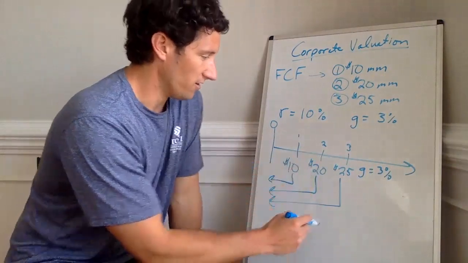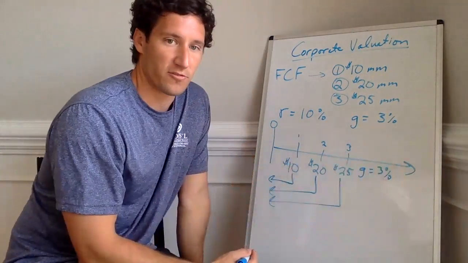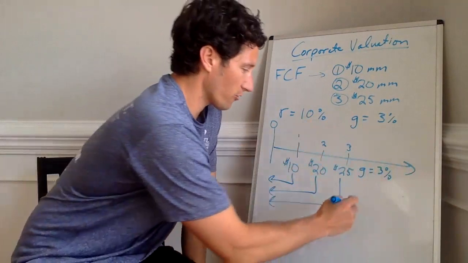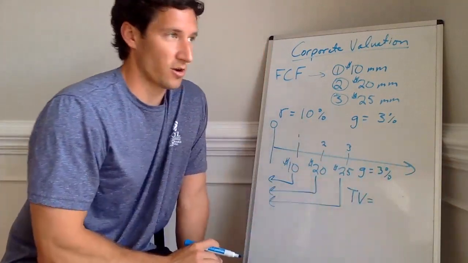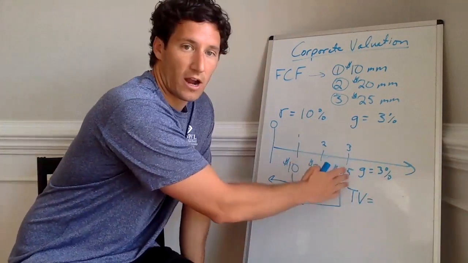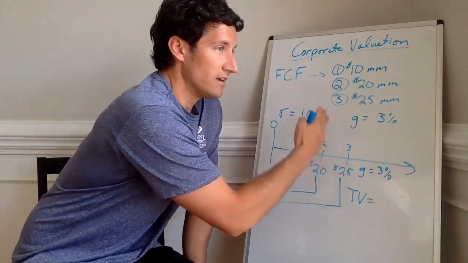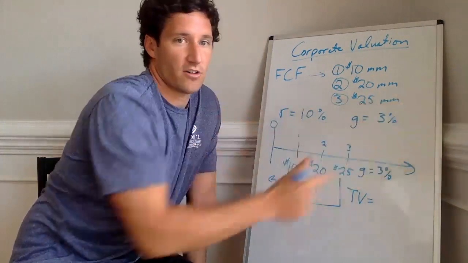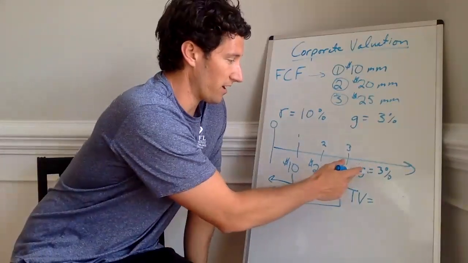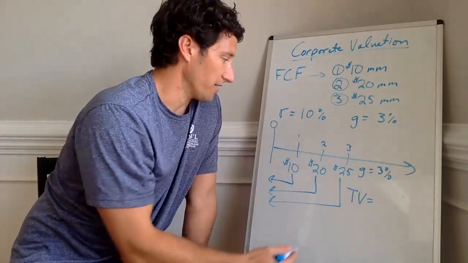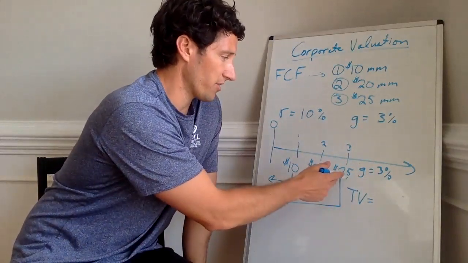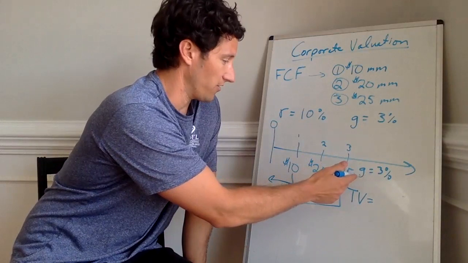To figure out what the firm is worth forever going forward, we're going to calculate terminal value. Terminal value is, given some horizon or some date in the future, from then until forever, with a constant growth rate, we'll use that dividend model, just like you calculated already, and figure out what it's worth there, since it's a constant growth.